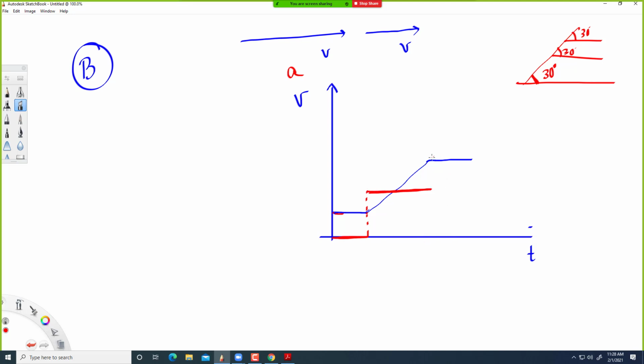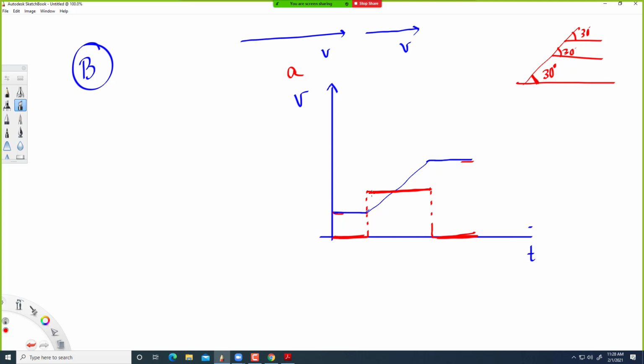And then how about the steepness here? Zero, right? So flat means zero steepness. So this red one is the graph of acceleration versus time, and the blue one is velocity versus time.